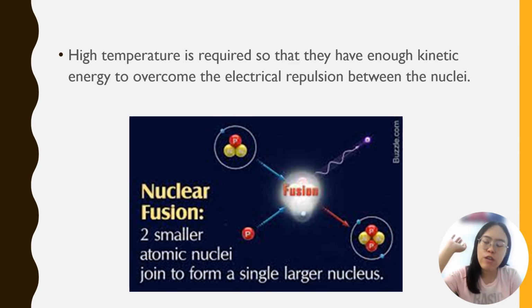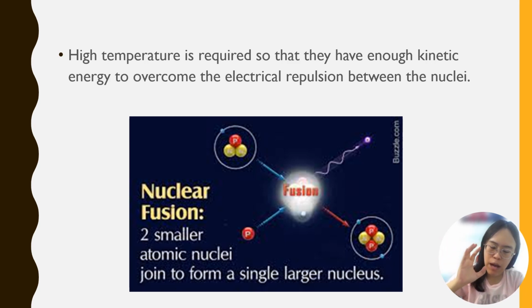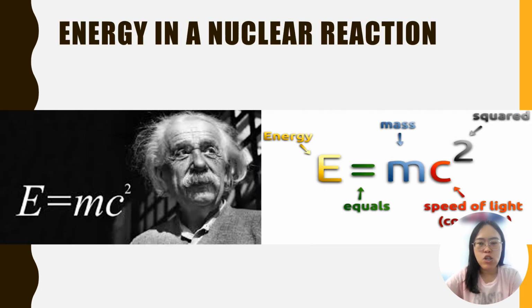So you need a very high temperature already, and at the same time it releases a very large amount of heat energy. So nuclear fusion can only be seen happening in the shining of the sun.